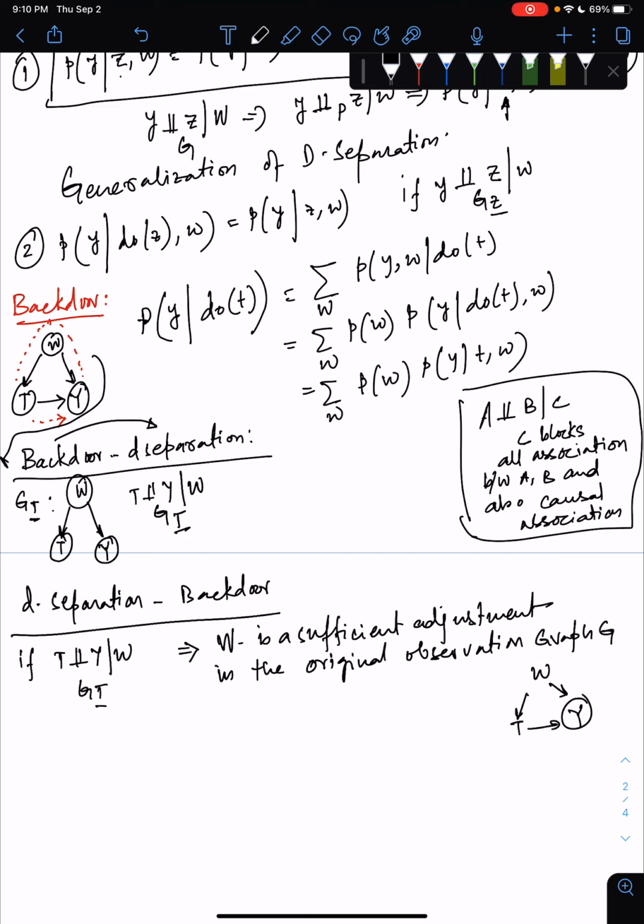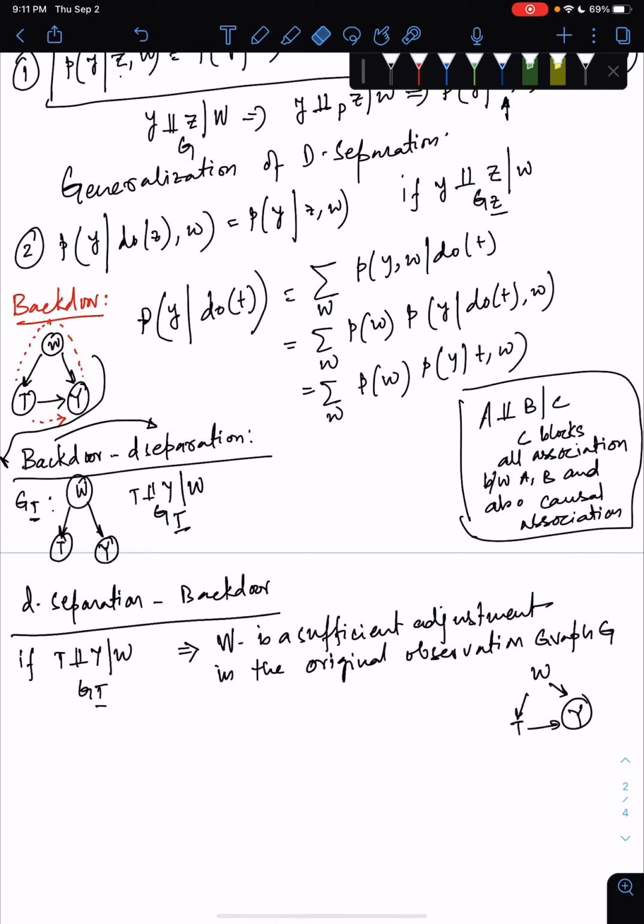But if we come from this manipulated graph to this one, and we are given that in the manipulated graph the conditional independence relationship holds, then we can say that W is my sufficient adjustment set in the original graph.